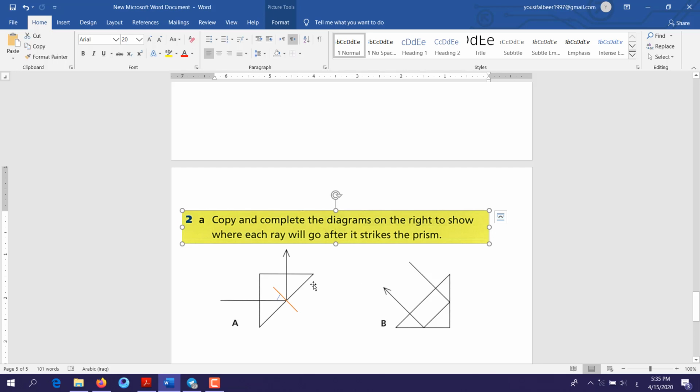There is more explanation for it, but for this grade you don't need it. Just know that when a ray comes straight to a prism, there will be total internal reflection.